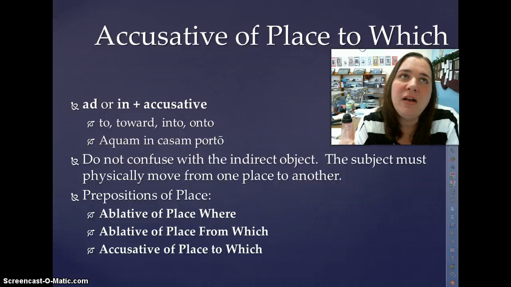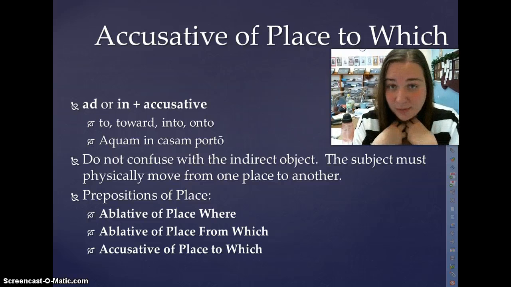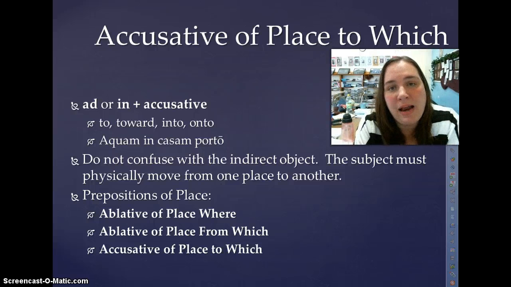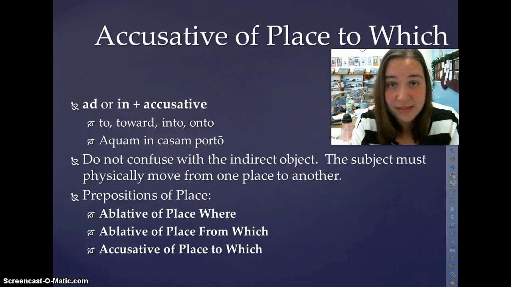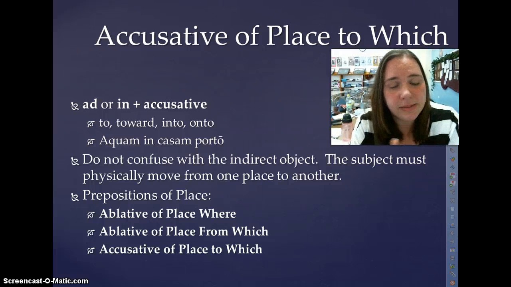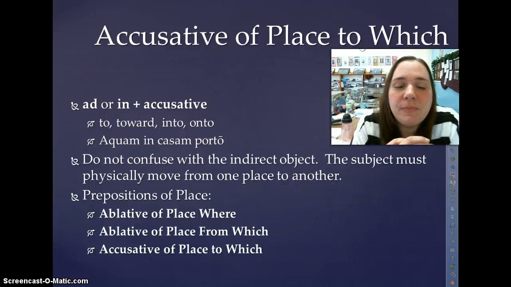So you send a letter to a friend. That's an indirect object because you, the subject, aren't moving from one physical place to another. The letter is. But if you carry water to your friend's house, well, you, carrying the water, are physically moving from one place to another, so you use ad plus the accusative, or in plus the accusative. You use the accusative of place to which.